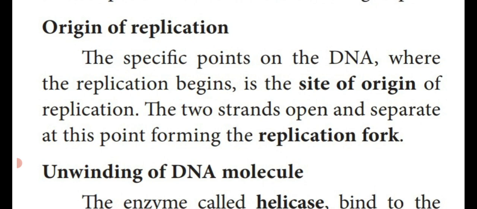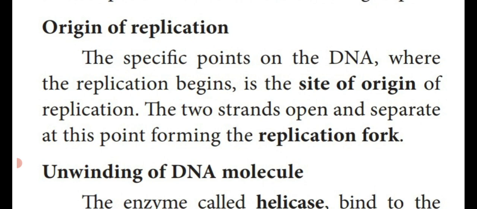That site is known as site of origin of replication. It does not take place along the entire length of the DNA structure. Only in a particular place the replication takes place. That site of DNA is known as origin of replication.